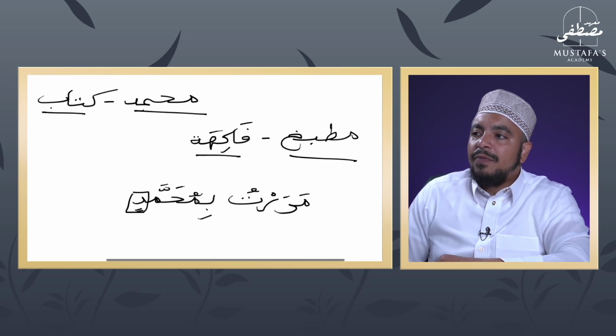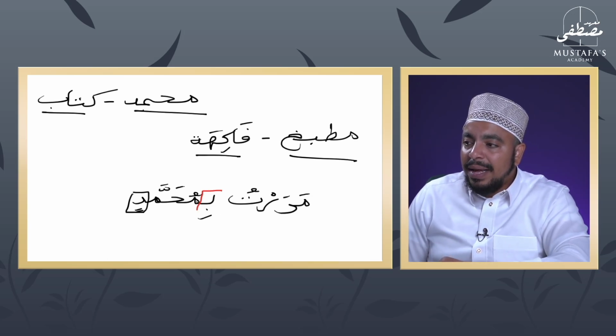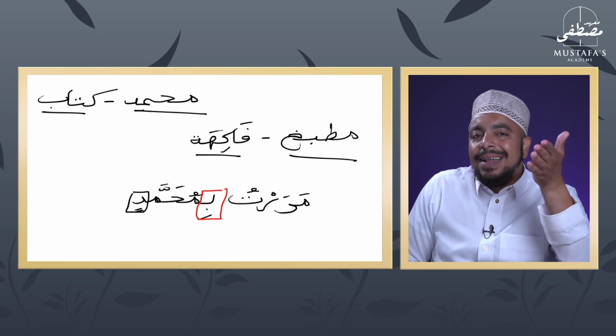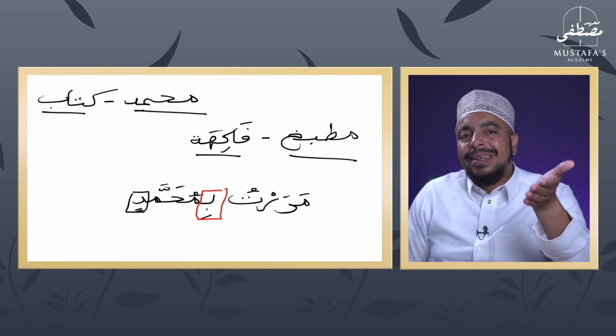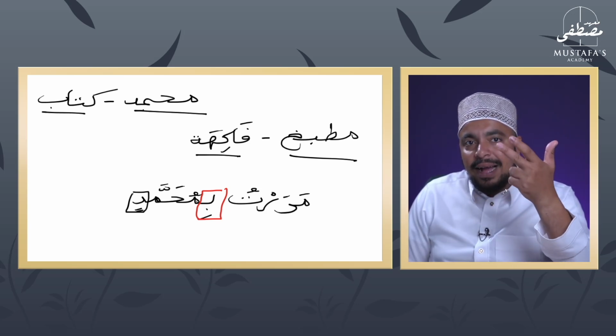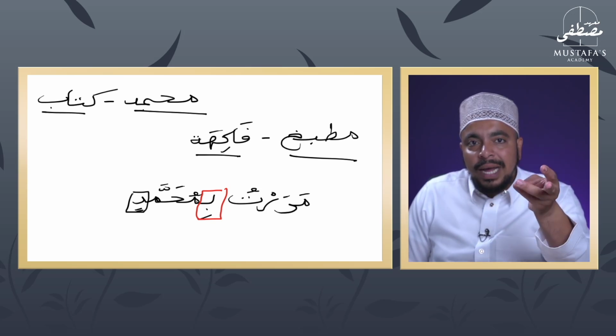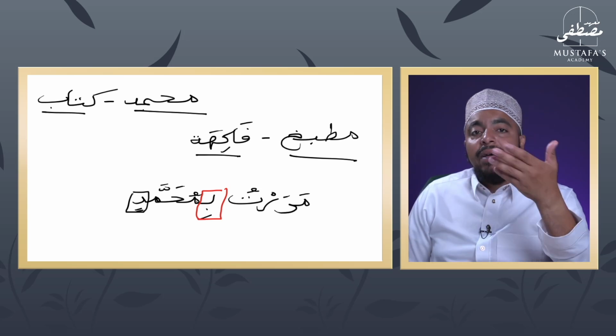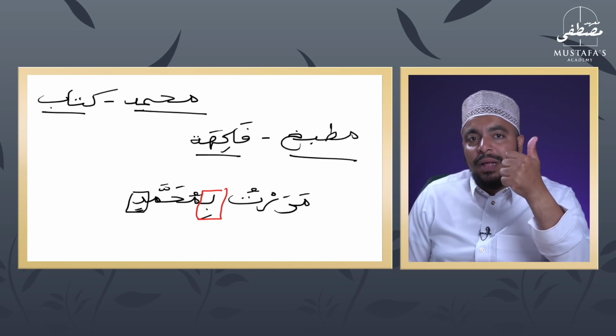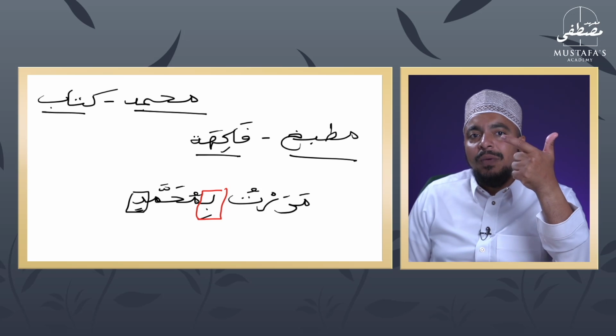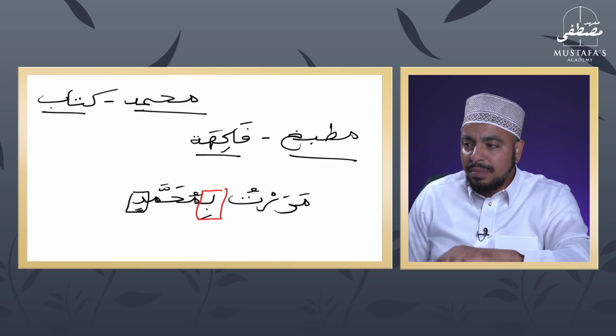We remember this ba, particularly this ba. This ba is a harfu jar, a preposition which causes the noun which follows it to be in a state of jar. Remember, min, ila, an, ala, fi, ba, rubba, huruf al-qasam, al-thalatha, al-waw, al-ba, wal-ta. Remember those? And further of that which we left, lam al-ta'lil, and kay, we left those.